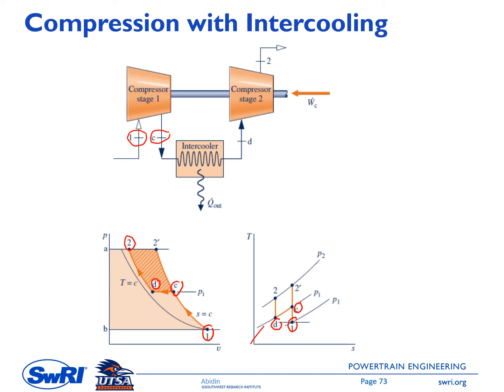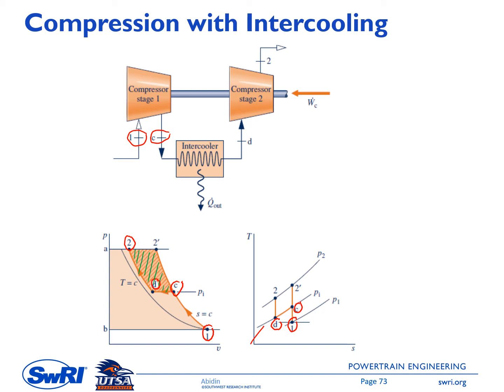So with this multi-stage compression, the process inside the compressor is still an isentropic process, but you can see the benefit of the area reduction because of this multi-stage compression option. The area reduction is represented by this area.